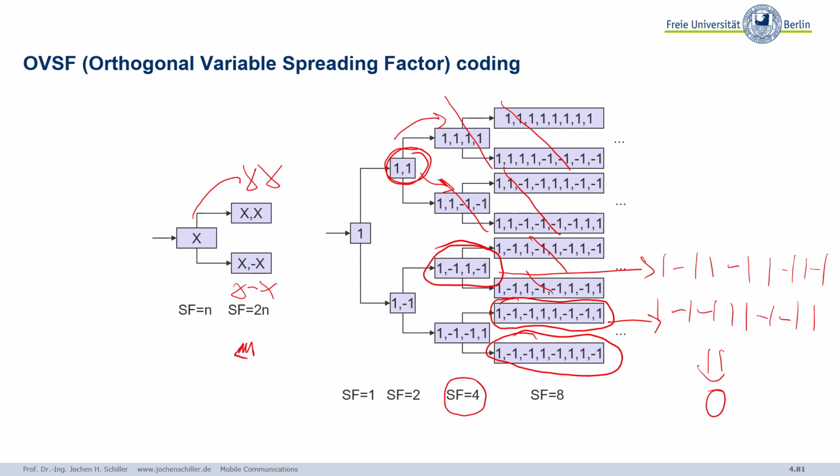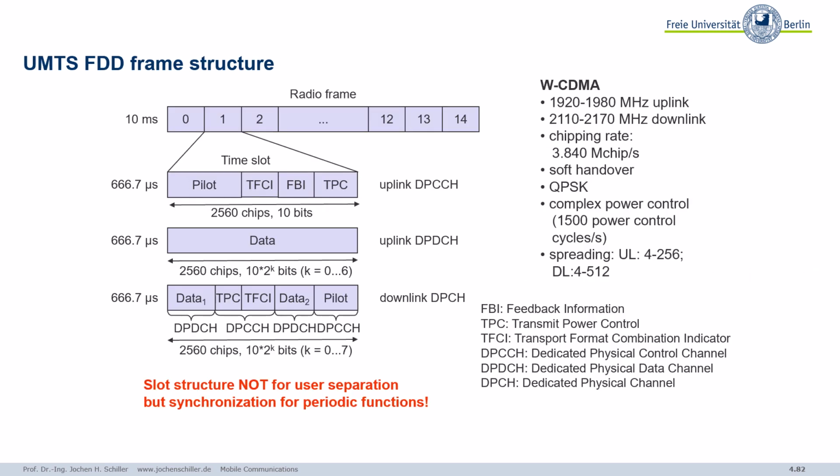So now that was the CDMA part, CDMA to separate data streams in the devices. Now a bit about the frame structures. In UMTS, we do not need time slots any longer to separate users.